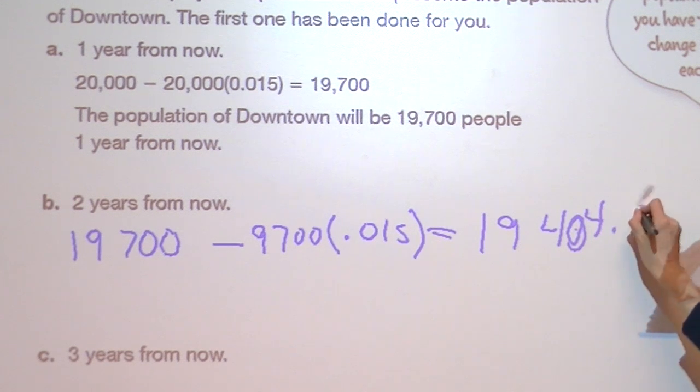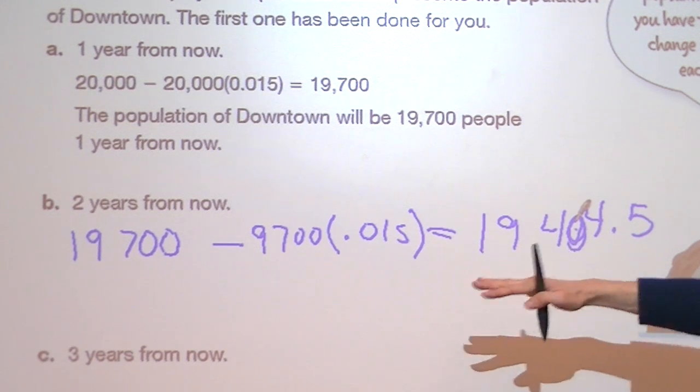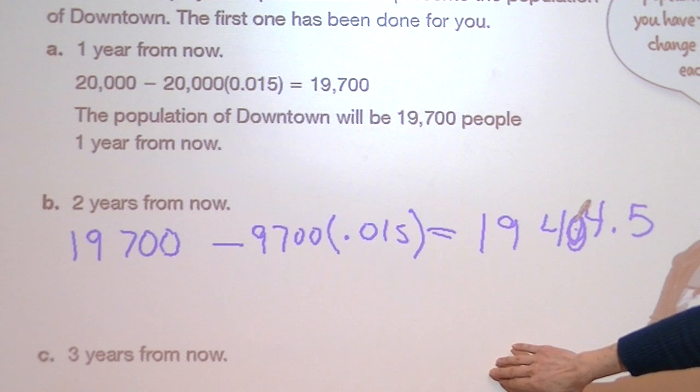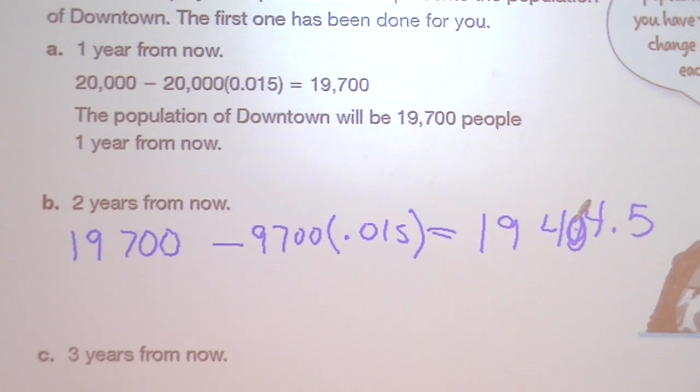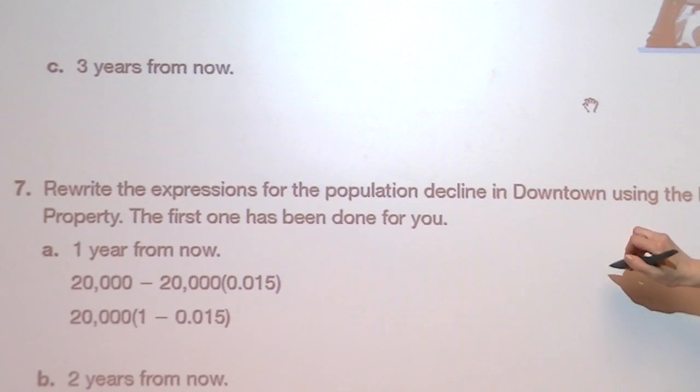Your answer book says you should have a 5 there. Half a person, I guess. Okay, so once you work out the 3-year one, pause it and work it out. Okay, oh, and they said just to write the expression.